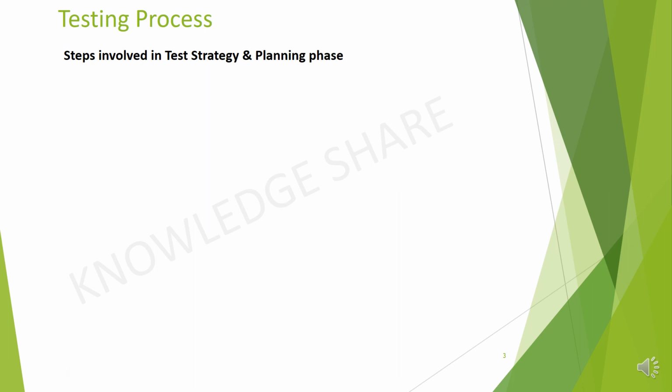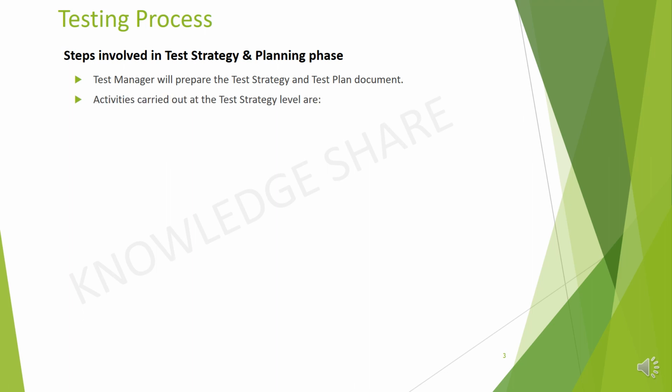Next question. What are all the steps involved in test strategy and planning phase? Test manager will prepare the test strategy and test plan document. Activities carried out at the test strategy level are: 1. Identify suitable engagement and delivery model.